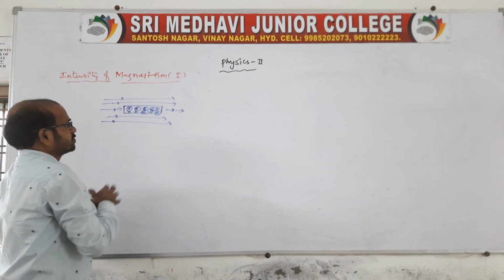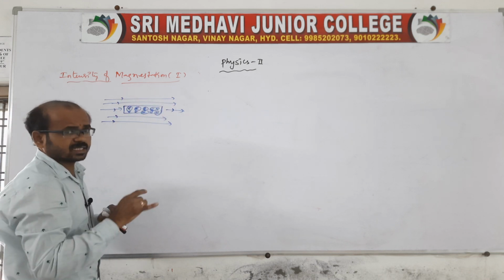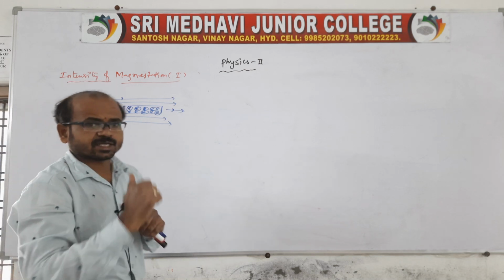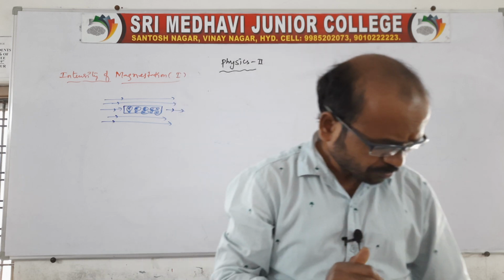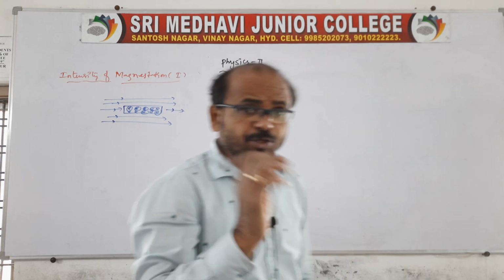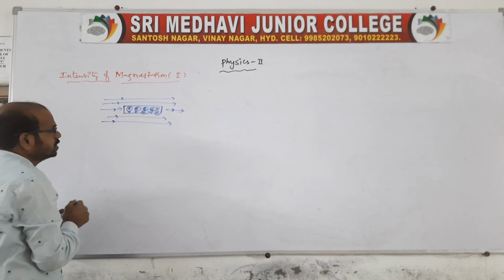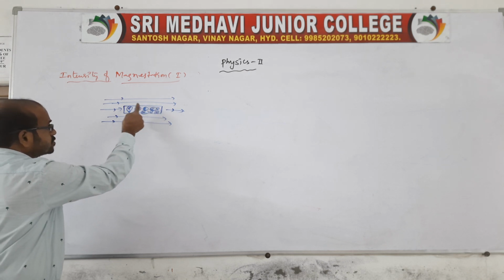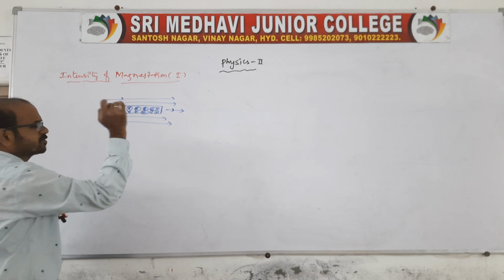That means the field or the magnetic forces occur throughout the given bar. That means the magnetic moment also occurs, because the bar length is 2L. Therefore, the magnetic moment occurs because the lines of force are passing through the bar.